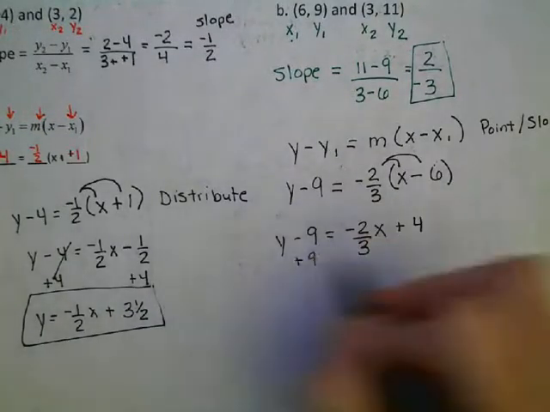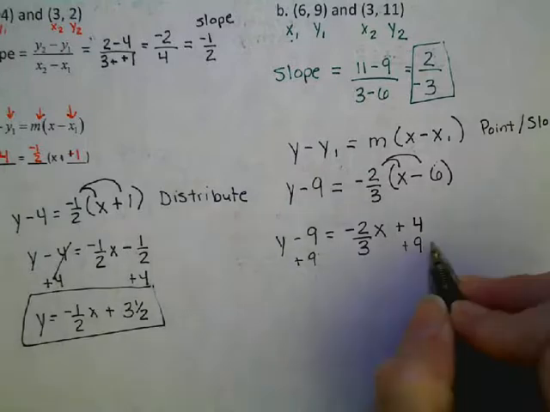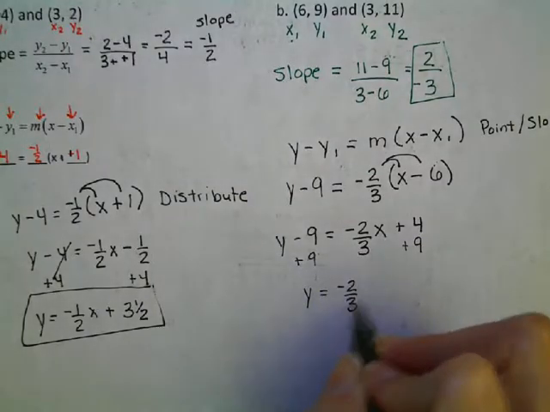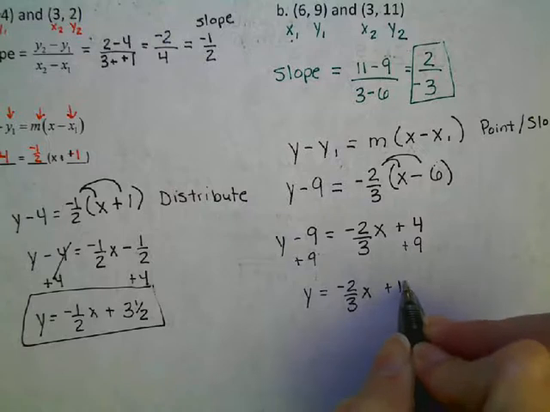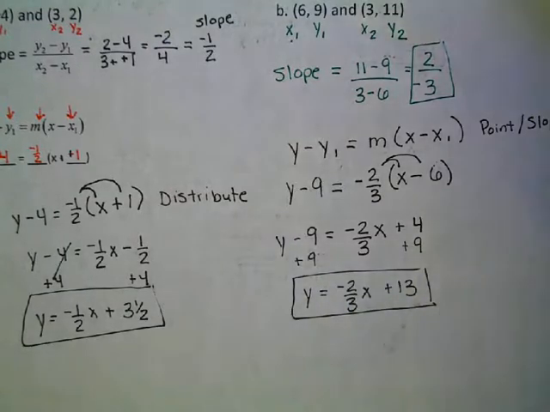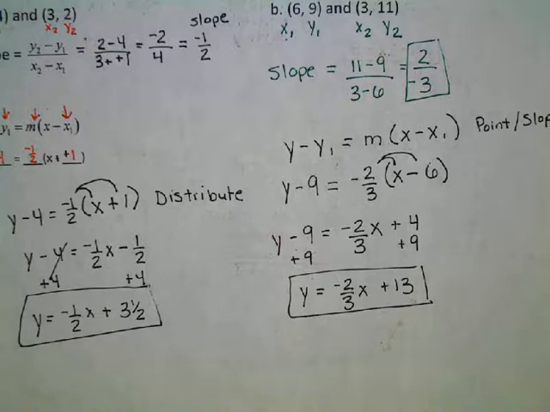Divided by 3 was where the 4 came from. The last step to get y by itself would be to add the 9 to the other side. Again, add it to the one that doesn't have the x, because the 9 doesn't have an x. So that is the line that these 2 points would make up. If you graph those 2 points, it would make that line.